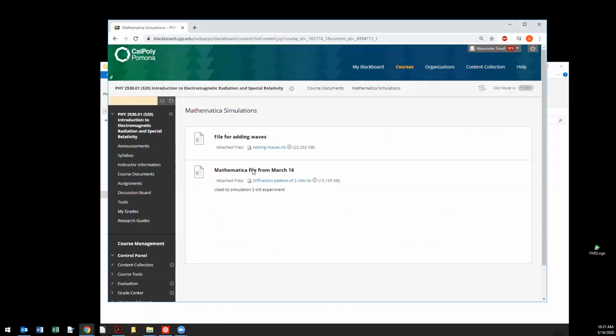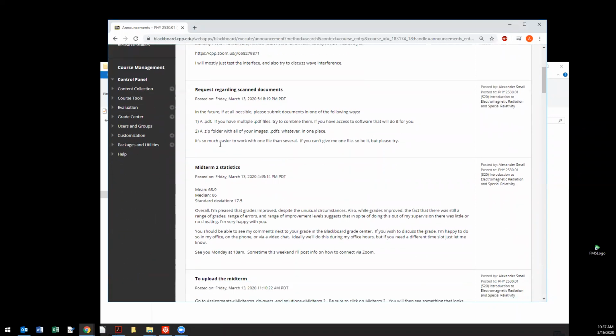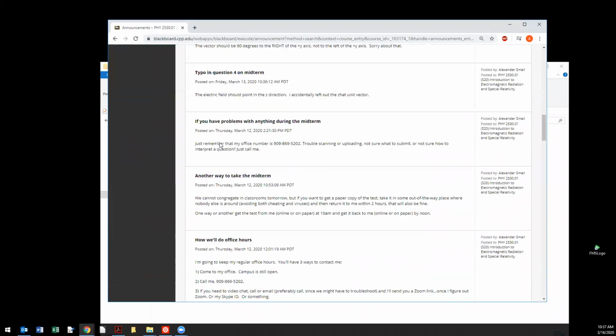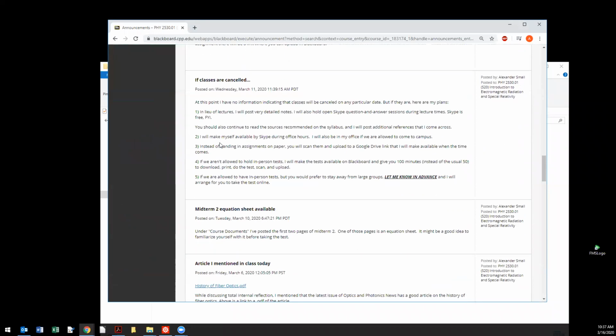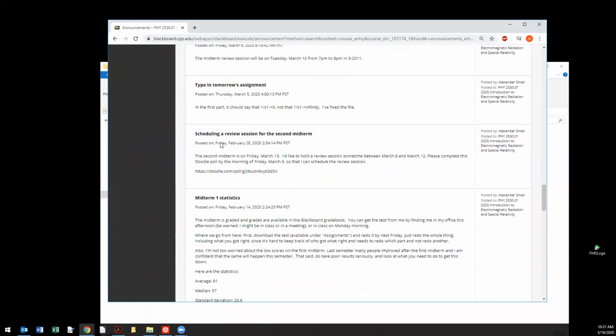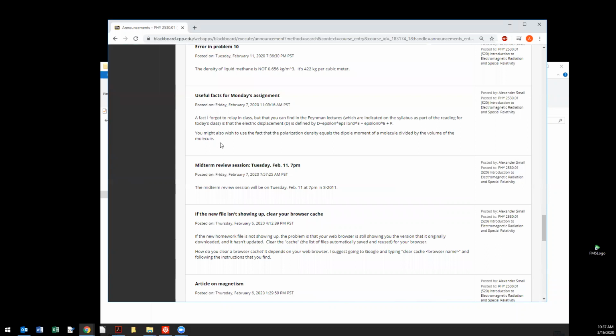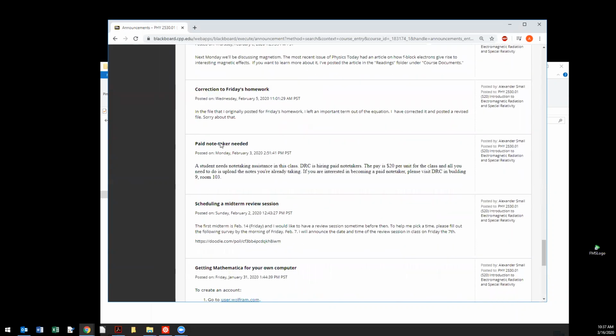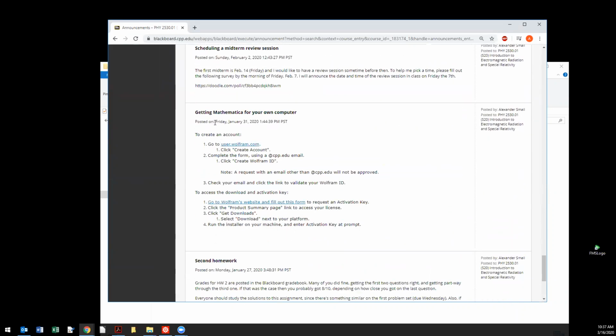All right, here's a Mathematica file that I'm sharing today. And I think that a while back, I posted something in here about how to get Mathematica for your own computer under announcements. All right, so if you look at the January 31st announcement on Blackboard, there are instructions for getting Mathematica.